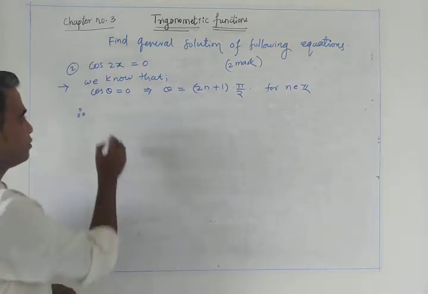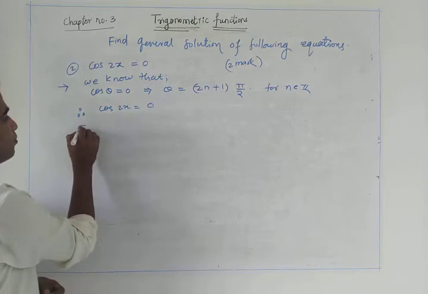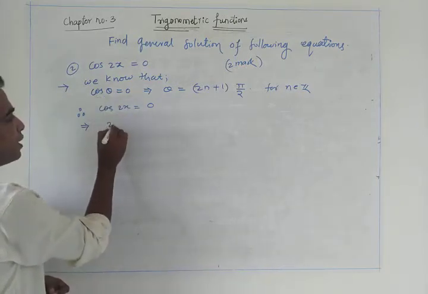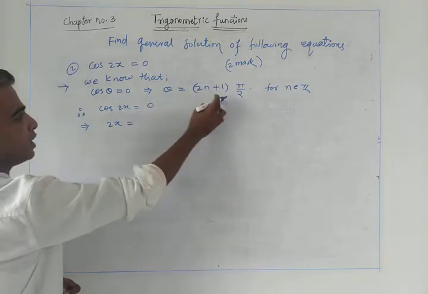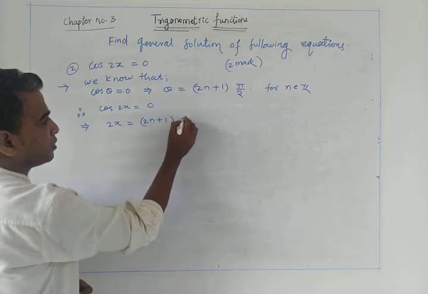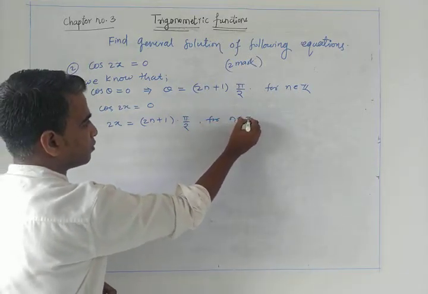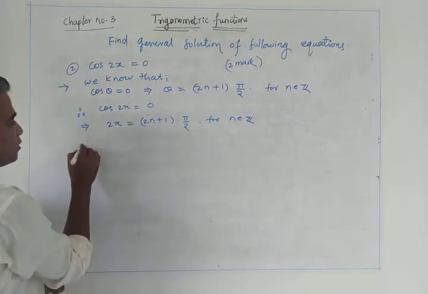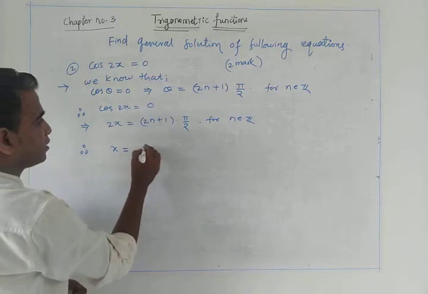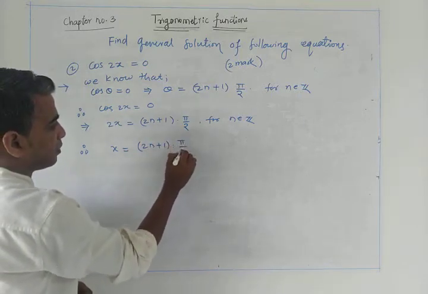So therefore cos 2x = 0 implies, now 2x is the value in place of theta, so 2x is equal to (2n + 1) pi by 2 for n belonging to Z. Now we are going to find the value of x, so divide by 2 on that side. So x = (2n + 1) pi by 4.